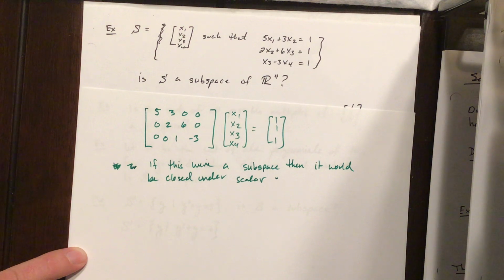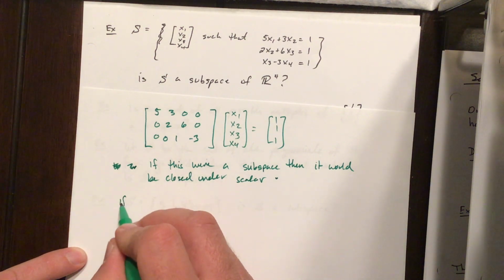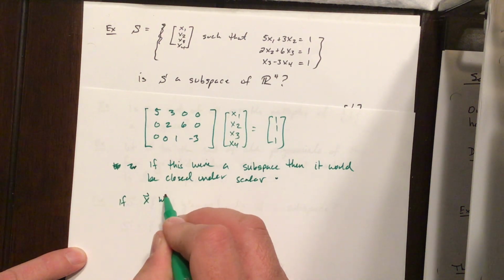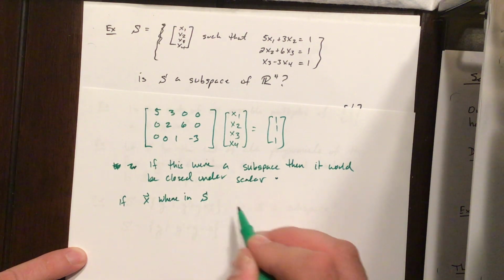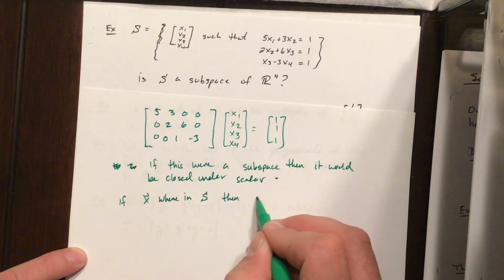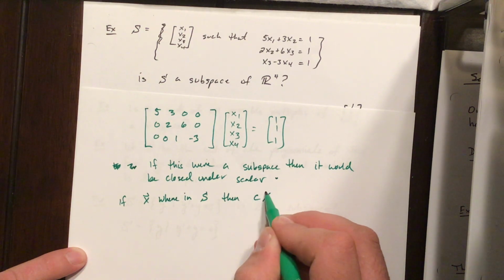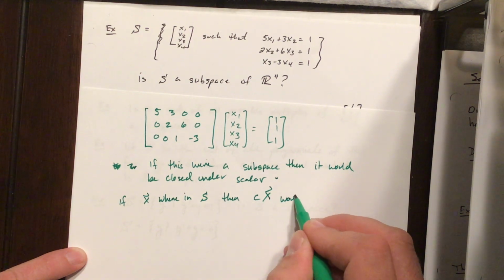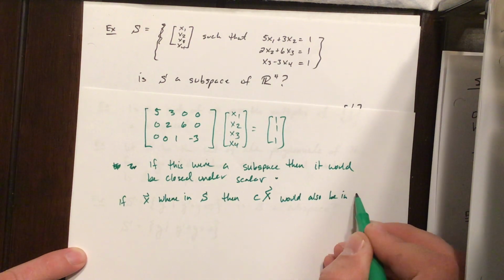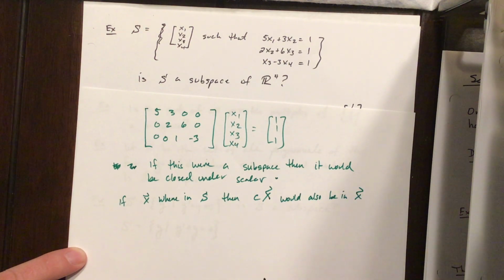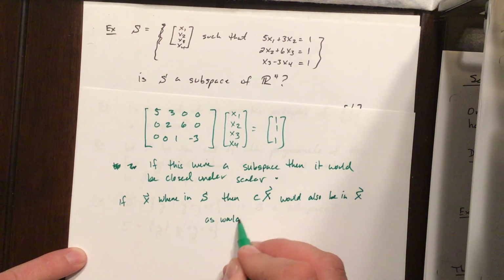So that means that if x were in S, then C times x would also be in S, as would 0. Why?